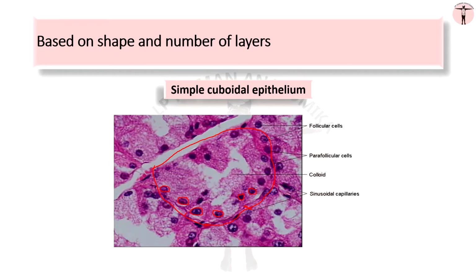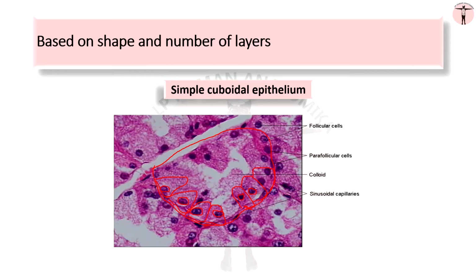So this is one cell, one cuboidal cell. Here you can see another cuboidal cell, and this is one more. You can identify the cells by experience. When you see more and more of the slides, you can observe and identify these cells.